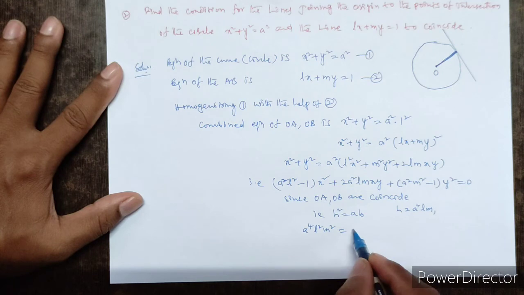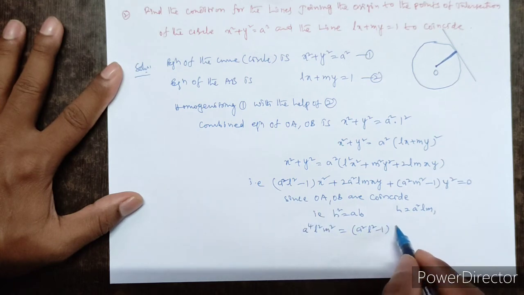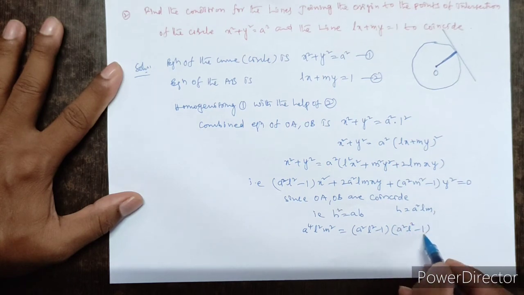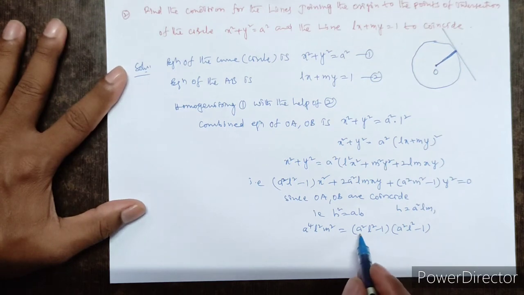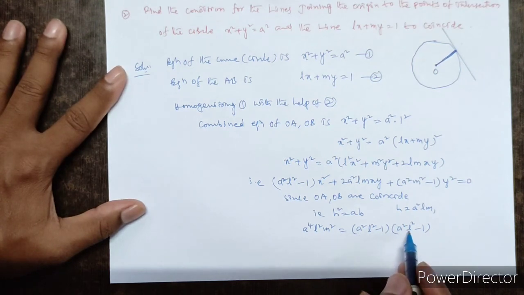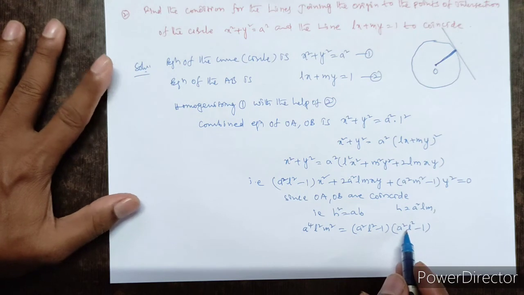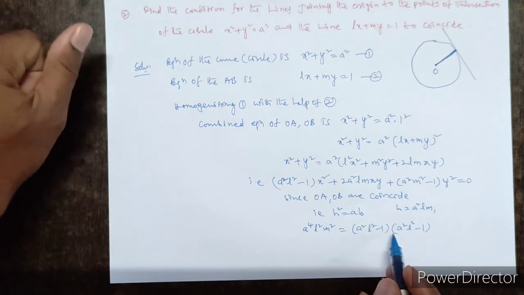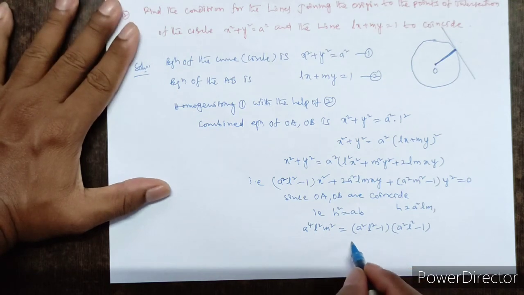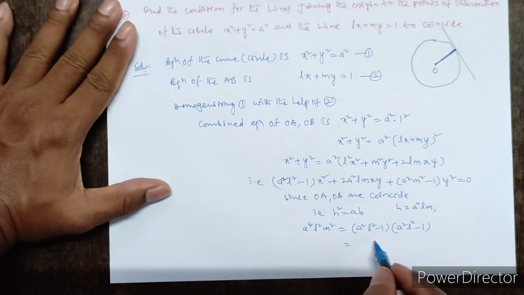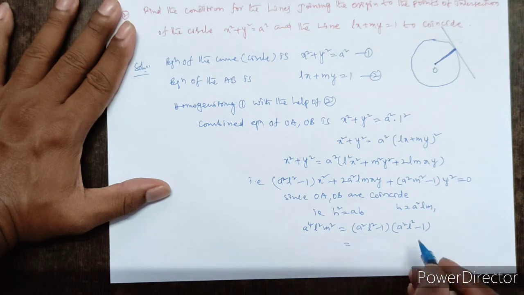equals a, which is a square L square minus 1, into b, which is a square m square minus 1. Multiplying these two, a square L square into a square m square is a to the power of 4 L square m square.